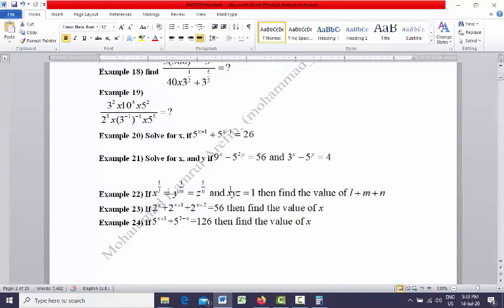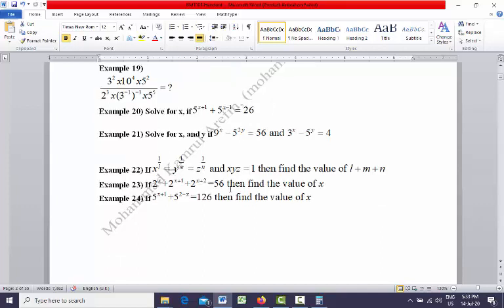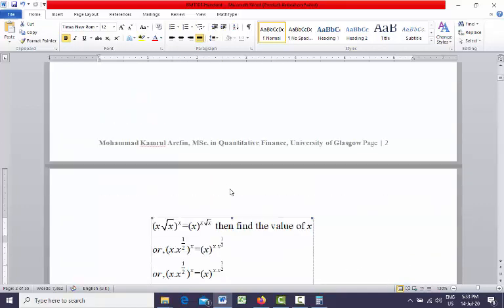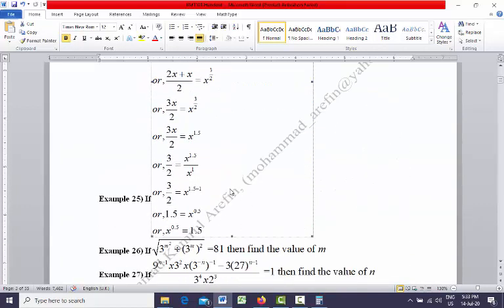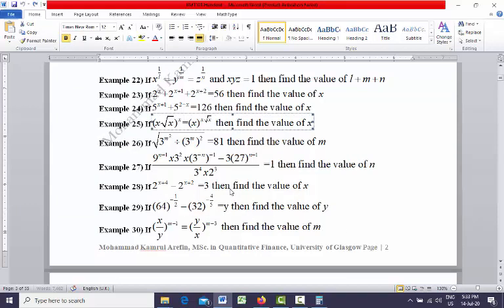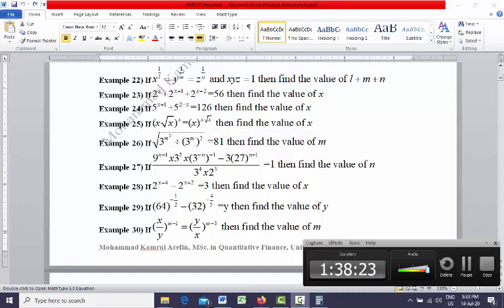Which problem have we solved now? Yeah, this one. We have solved example number 25 now. So now let us solve example 26, or maybe we will stop here. Yes, we will stop here.